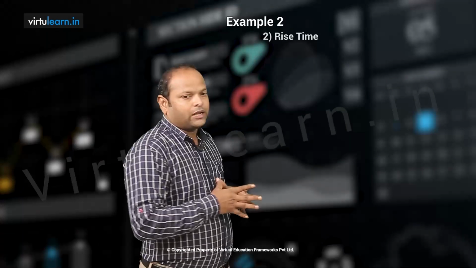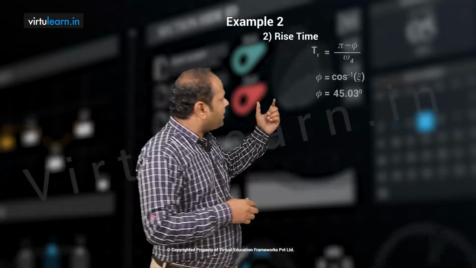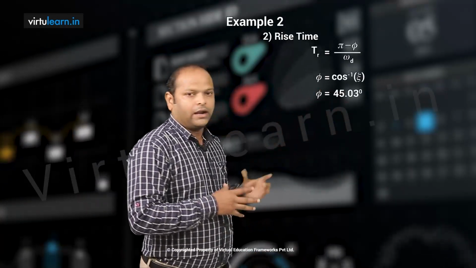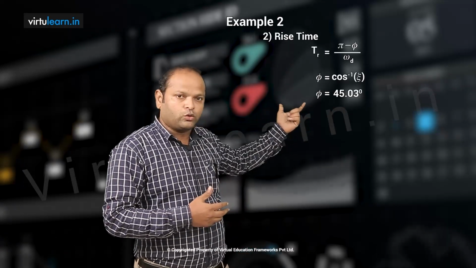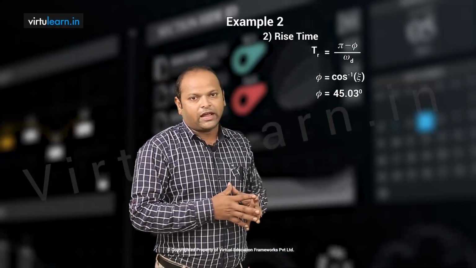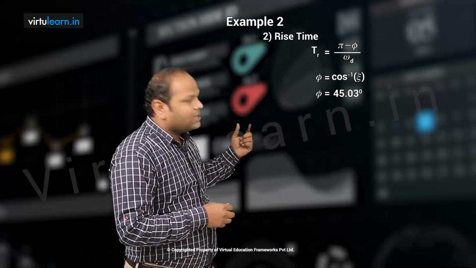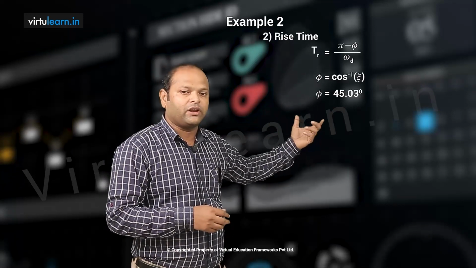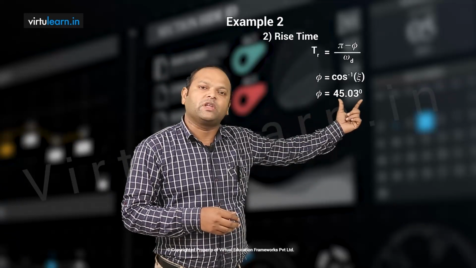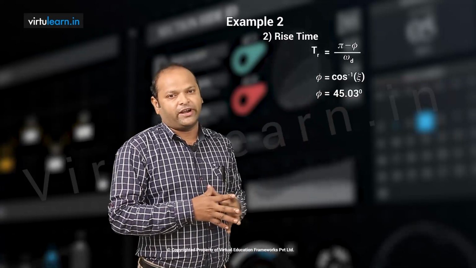Then rise time. The rise time formula is (pi minus phi) divided by omega d. Pi is 3.14, omega d is 2, and phi we need to calculate, where phi is cos inverse zeta. If I use cos inverse of 0.707, you will get nearly 45 degrees.